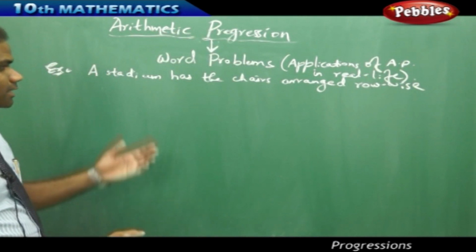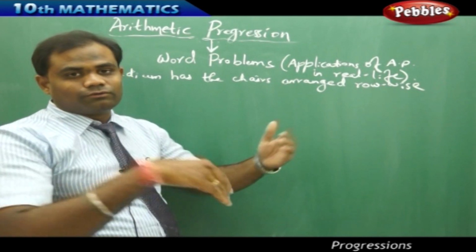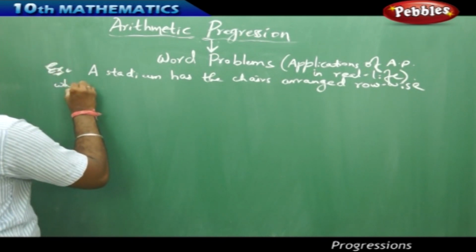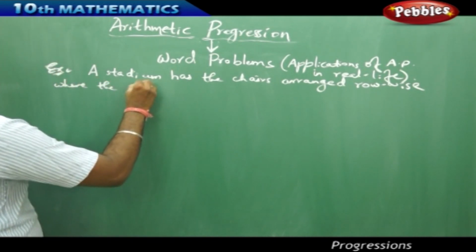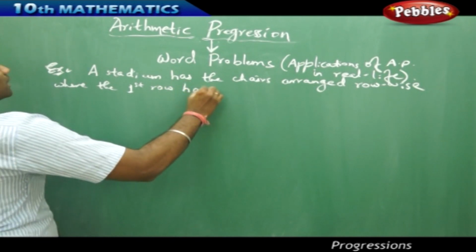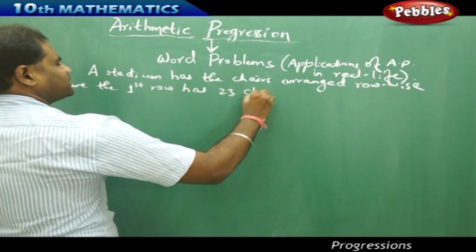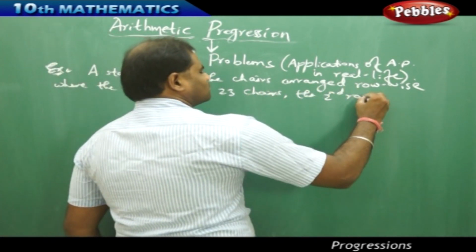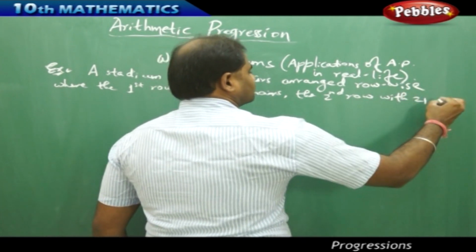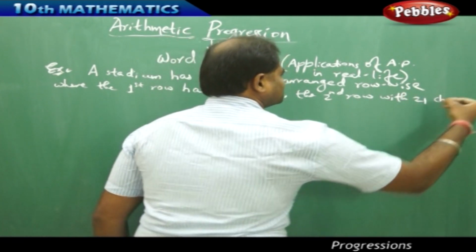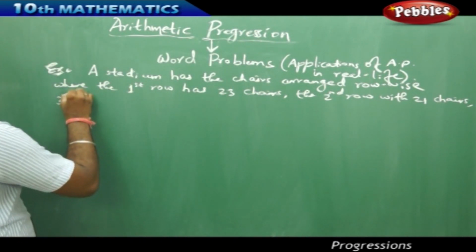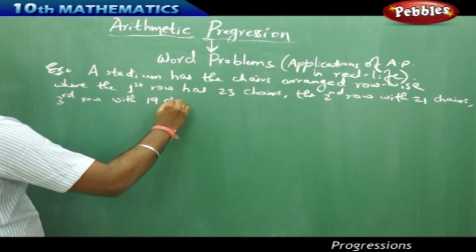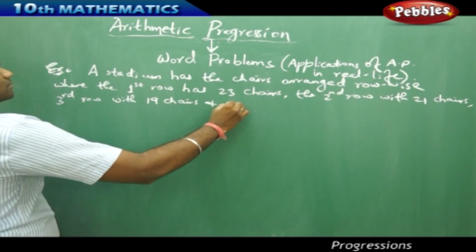Now there's a stadium where the chairs are arranged row-wise, every row, first row, second row, third row, etc., where the first row has 23 chairs, the second row with 21 chairs, third row with 19 chairs, and so on.